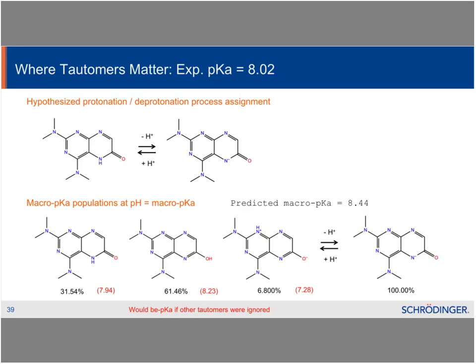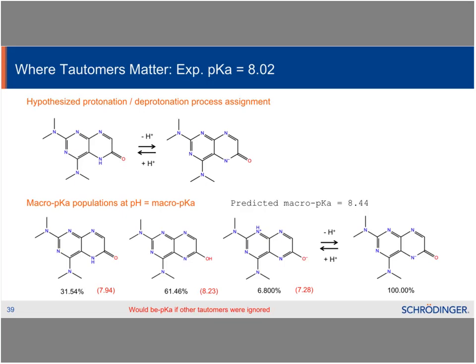It said that this tautomer represented only 30% of the whole population of all the forms, which are 0. And the dominant tautomer was actually this one, 61%. And notice that even if we started with a tautomer that we hypothesized is actually not the dominant one, the pKa of it would be 7.94.